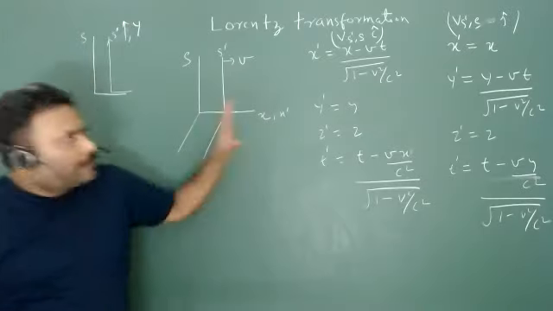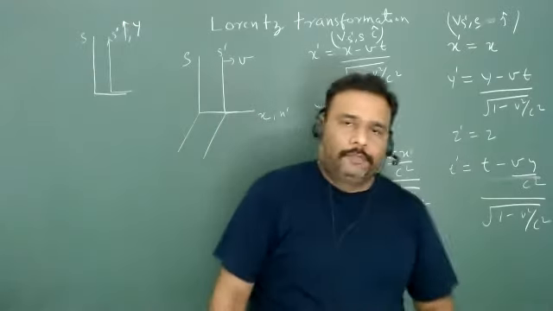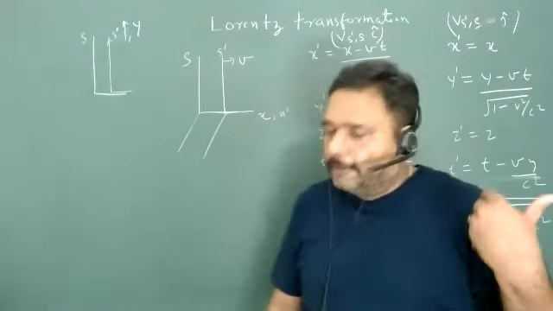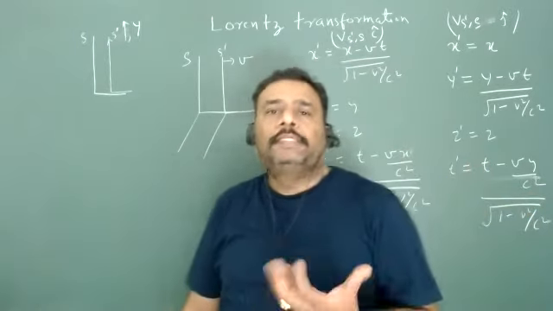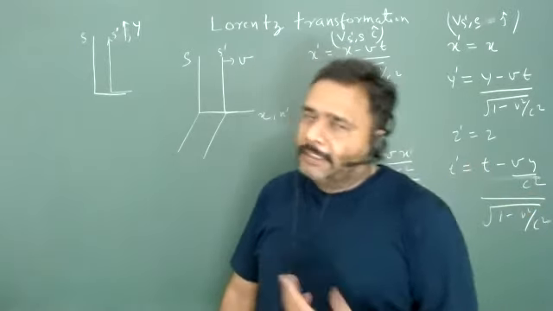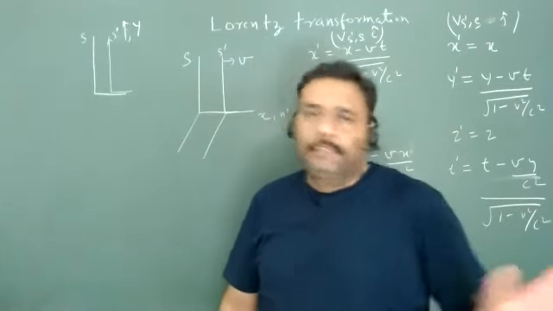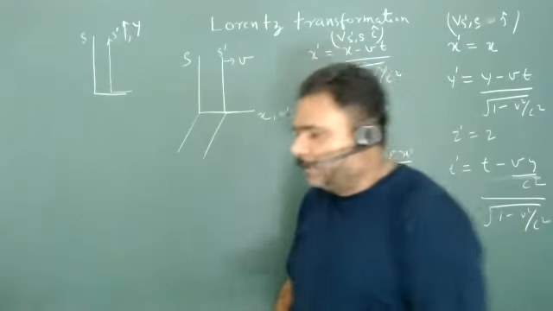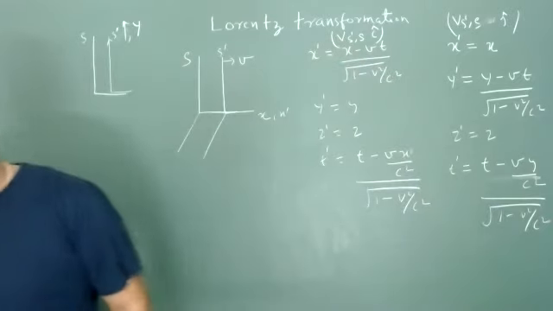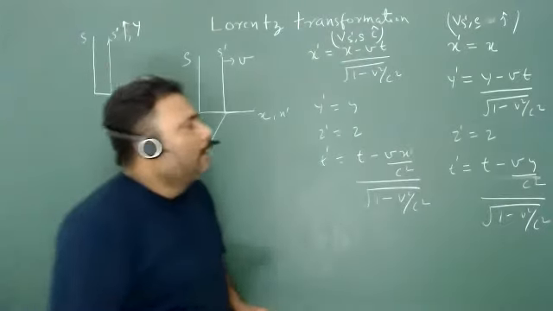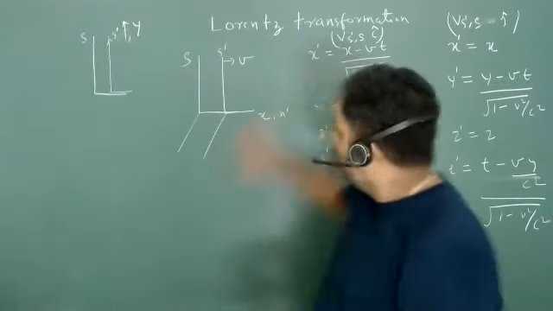Okay, so let's try to apply this Lorentz transformation to prove that the speed of light is not changed with respect to any inertial frame. We will make a simple story and use this Lorentz transformation.